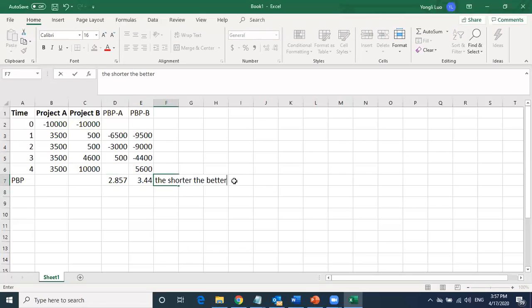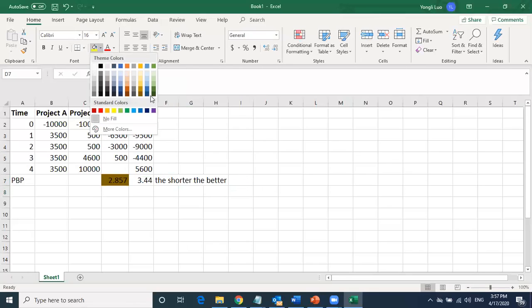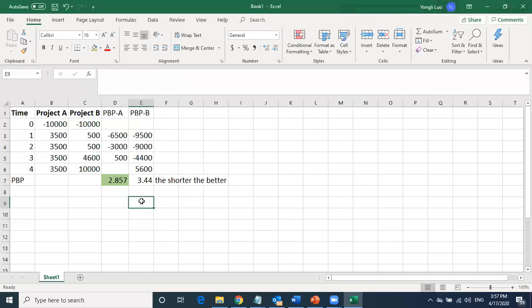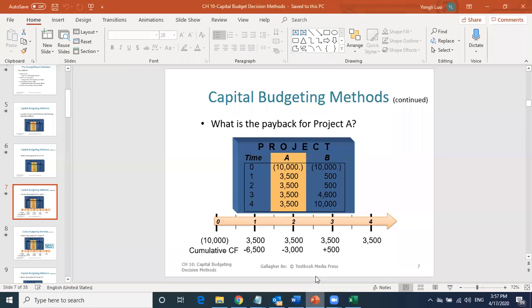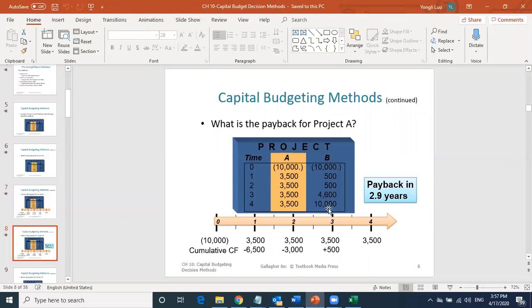It takes longer to get all your money back for project B. Let's say we choose project A, because the payback period is shorter.